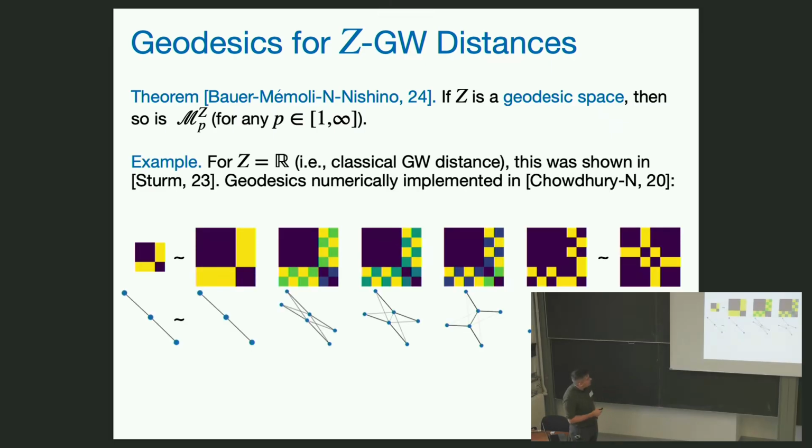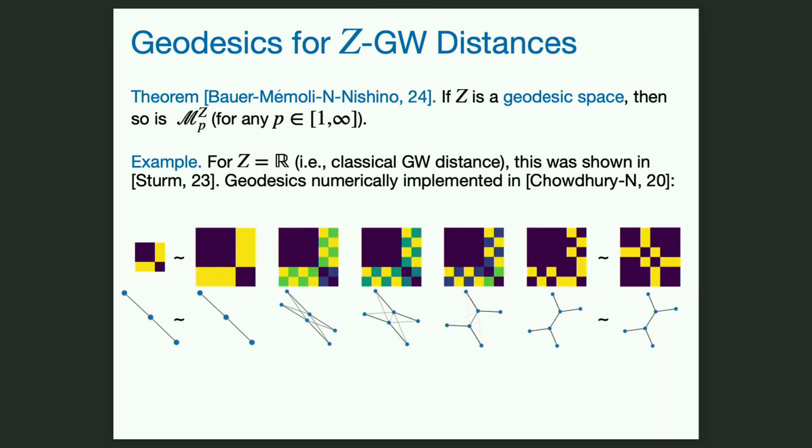All right, so when Z is R, then you're in the setting of classical Gromov-Wasserstein distance. It was shown that the Gromov-Wasserstein space is geodesic by Sturm. The citation is from 2023 because it was published then, but this goes back like 12 years or something, where he showed this.